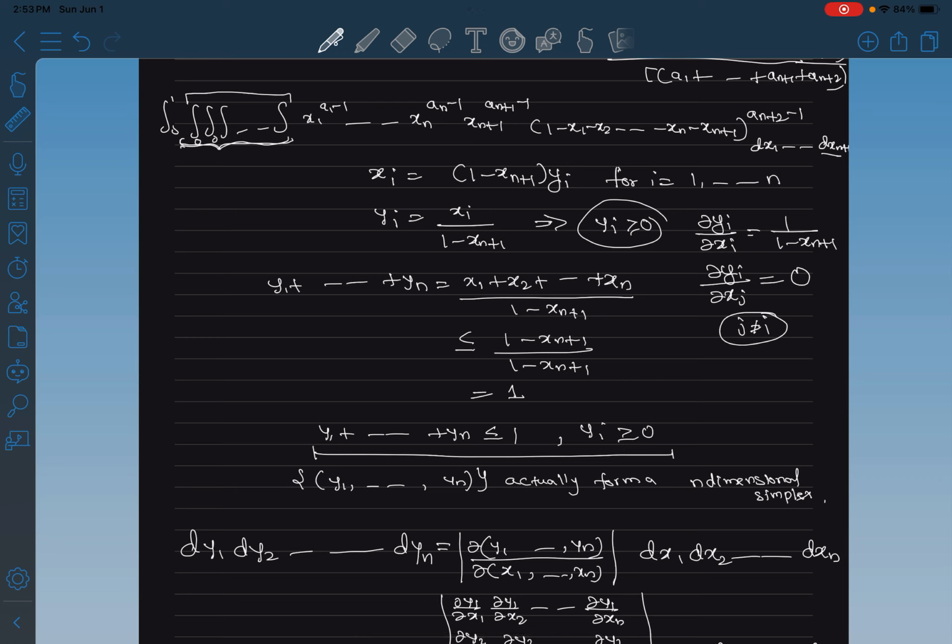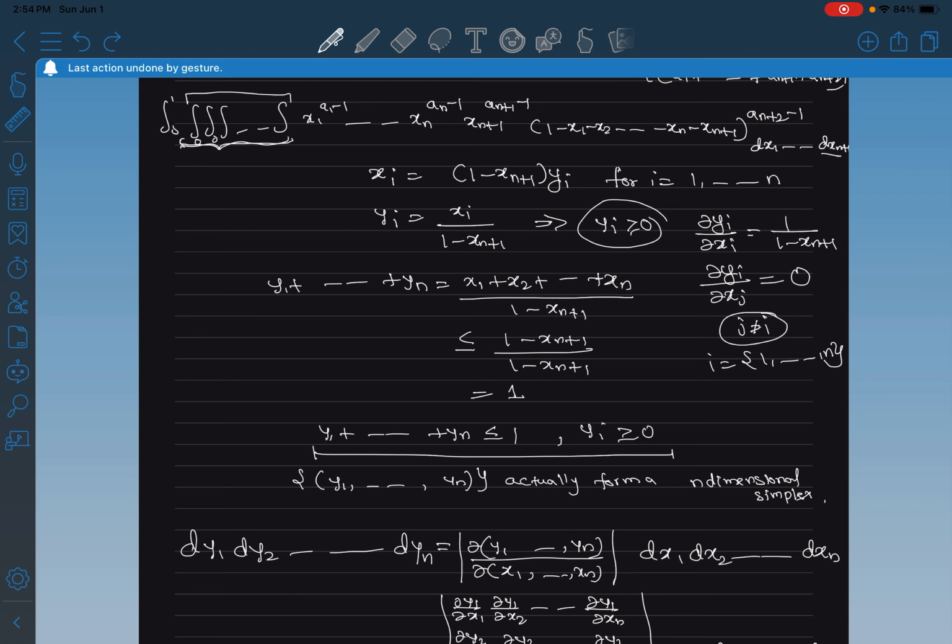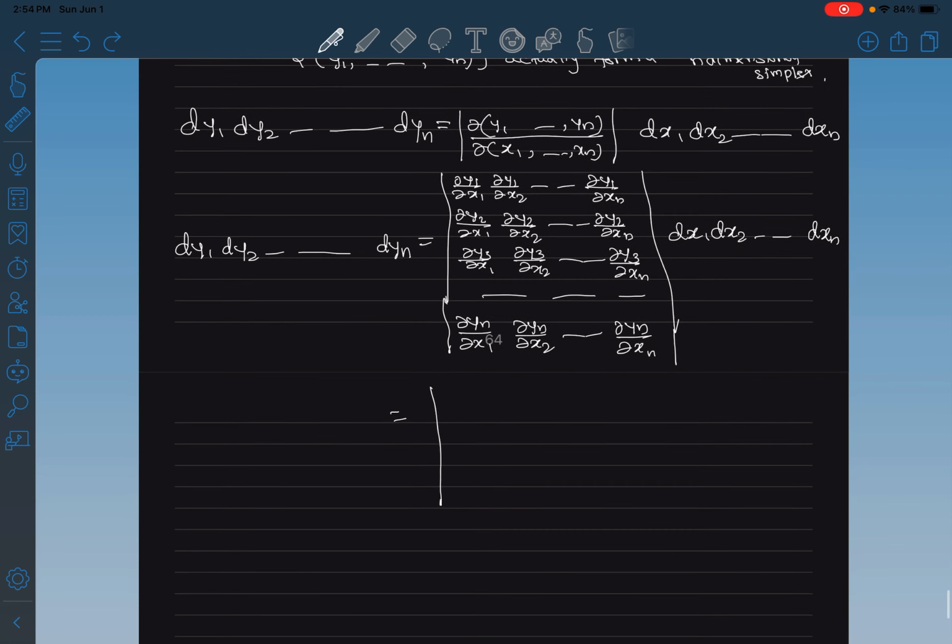Let's say I was trying to find partial y3 by partial x2. Then y3 is just x3 by 1 minus xn plus 1, right? But with respect to x2, that's definitely going to go to 0. Also, this i only goes from 1 to n, so this xn plus 1 is always a constant no matter what xi is. So over here, this will be 1 by 1 minus xn plus 1, but all the others will be 0.